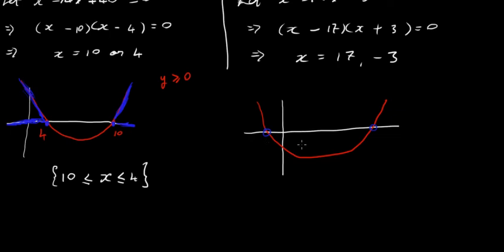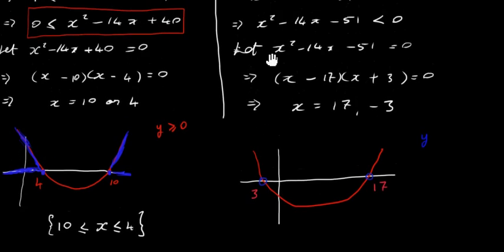Now what do we want to solve here? So it's this one here that we want to solve. So this is y here less than 0. So we want y to be less than 0. That's what we want to solve here.